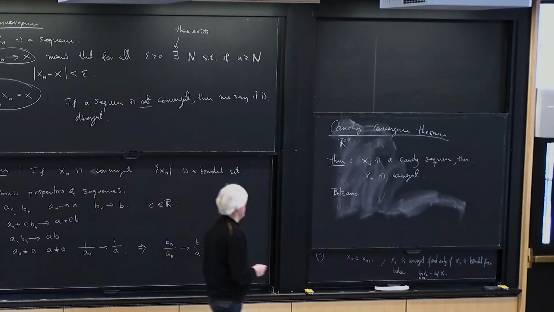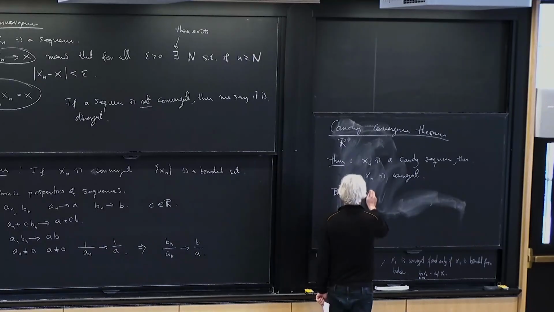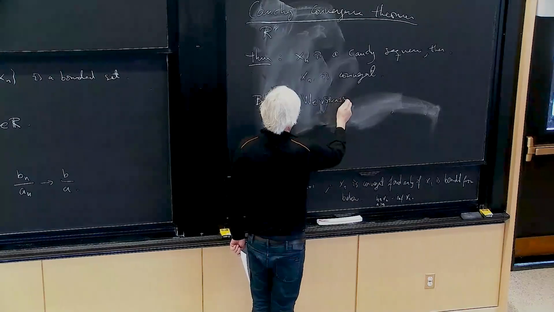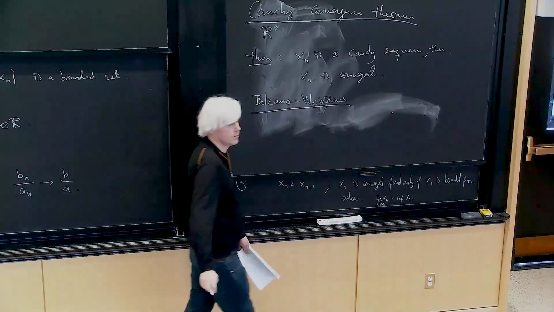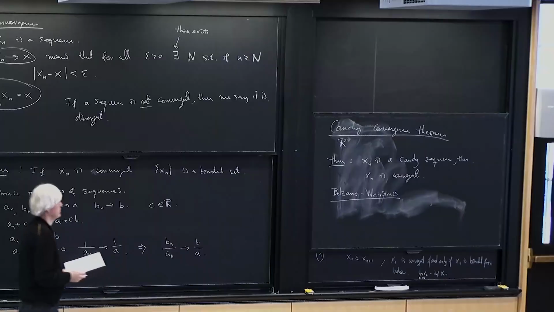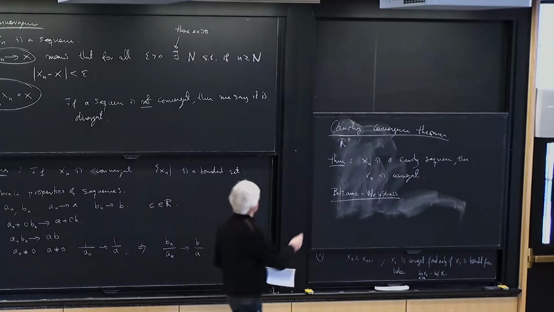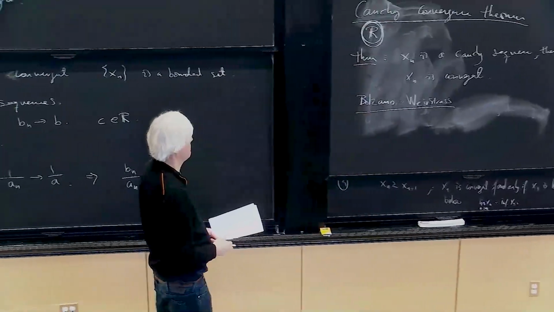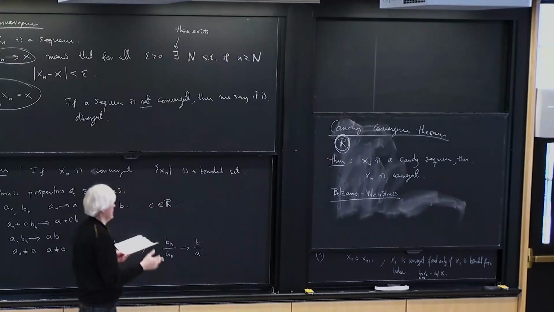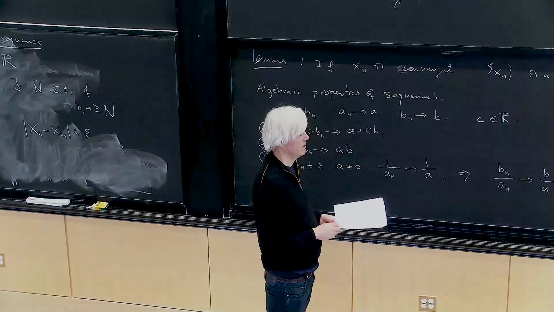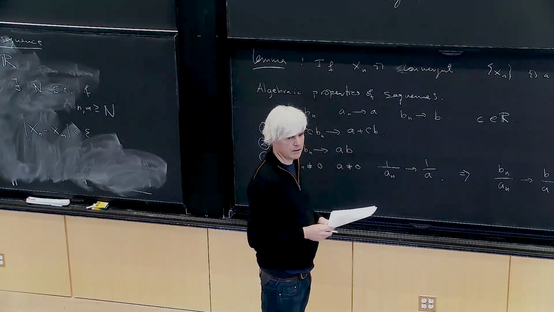The statement of the Bolzano-Weierstrass theorem also makes sense in a general metric space, but it doesn't hold there. These are things about the real numbers. They extend to more than the real numbers, but for other spaces you have to prove it individually, right?